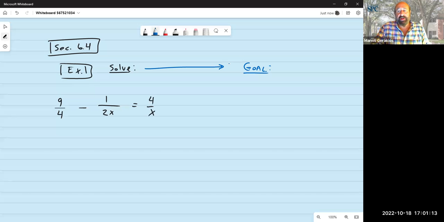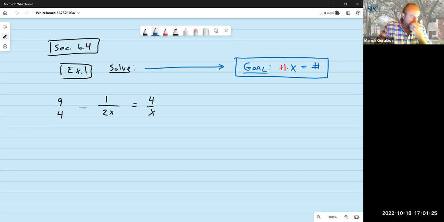Our goal for solving an equation is x equals a number, right? Similar to when we did the domain of a rational function, what am I worried about when variables appear in the denominator of a fraction, which now we're calling rational expressions?